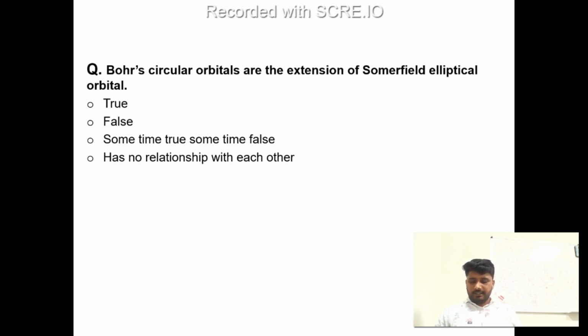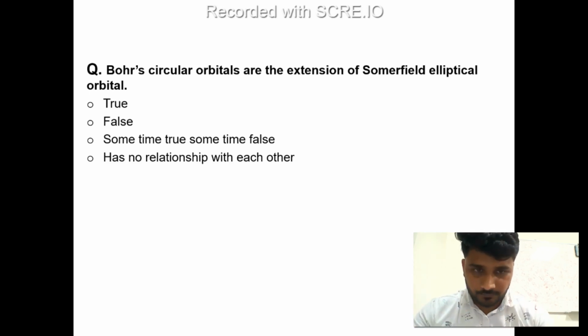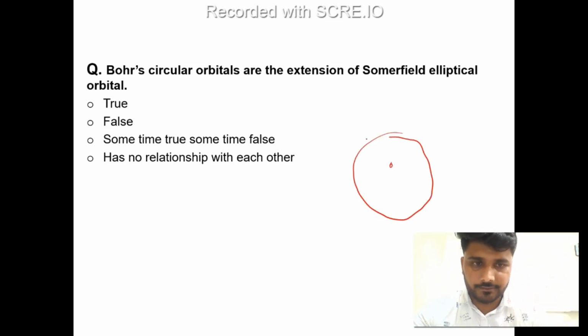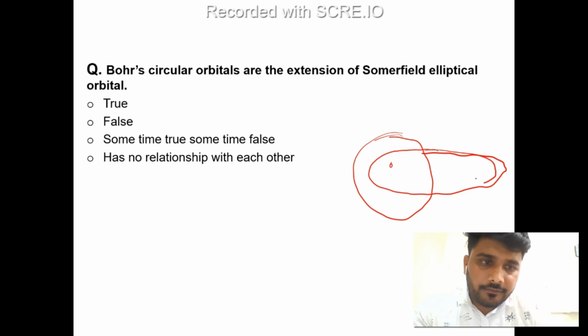But you can see in the theory, circular orbitals are the special case of these Sommerfeld elliptic orbitals, right? Say I am drawing a circle, this is the Bohr circular orbit, and I am drawing this Sommerfeld elliptical orbital.